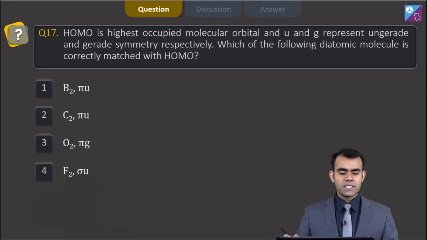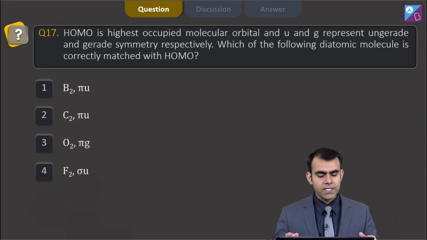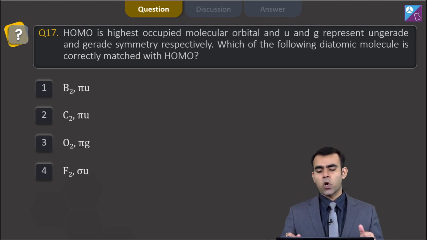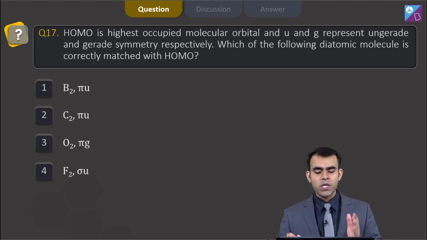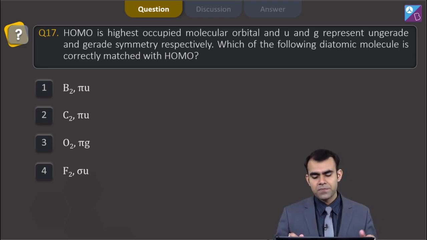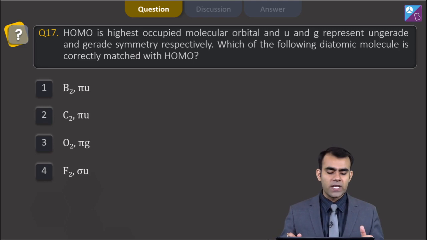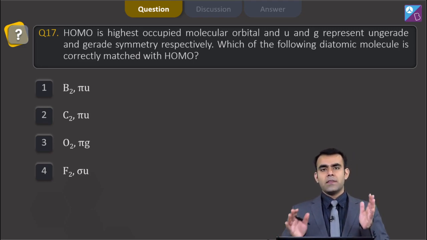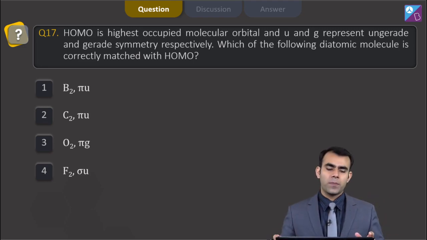Now we have question number 17. Question number 17 is, HOMO is highest occupied molecular orbital and u and g represents ungerade and gerade symmetry respectively. Which of the following diatomic molecule is correctly matched with HOMO, that is highest occupied molecular orbital?